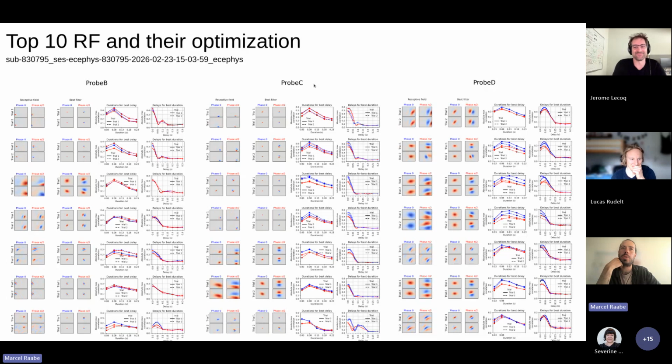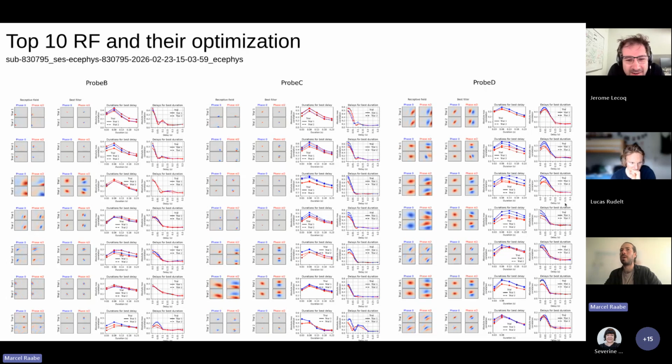From this overview, I think there are a few messages you can take. First of all, I want to highlight probe D, because here you can clearly see delays, which is great. I will show another example in the next slide, showing some problems I have with the delays, but here it looks fantastic.